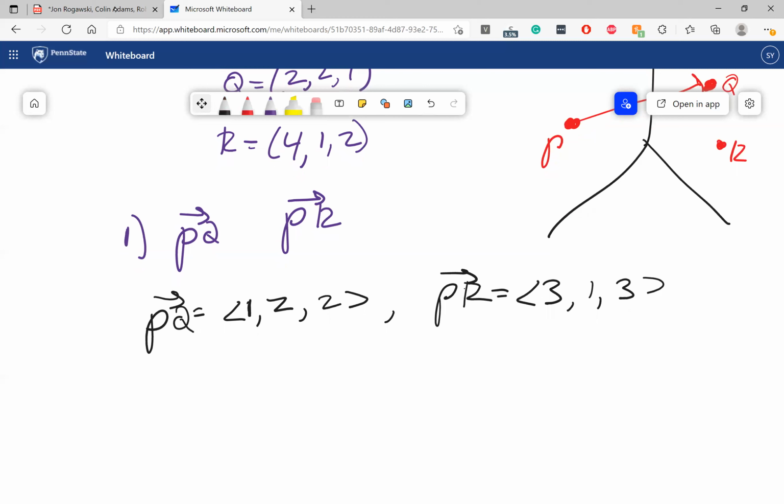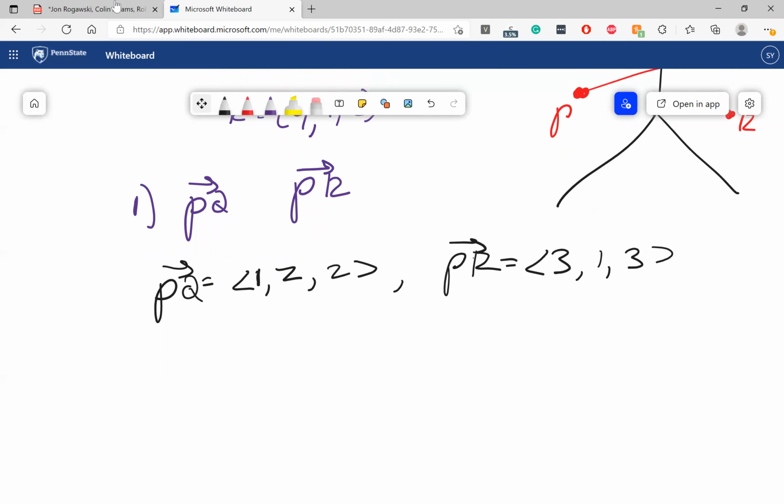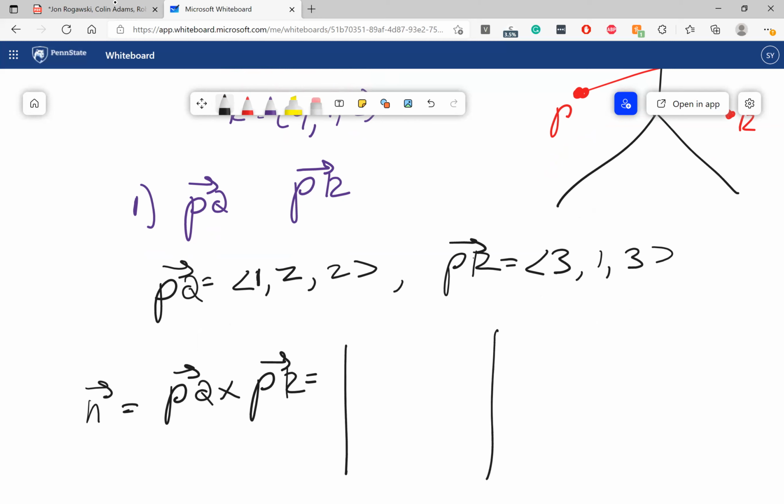Okay, now the cross product. So we can say our normal vector is the vector PQ cross PR. And we make our matrix I, J, K. And we put in our first vector PQ, 1, 2, 2, and our second one, 3, 1, 3.